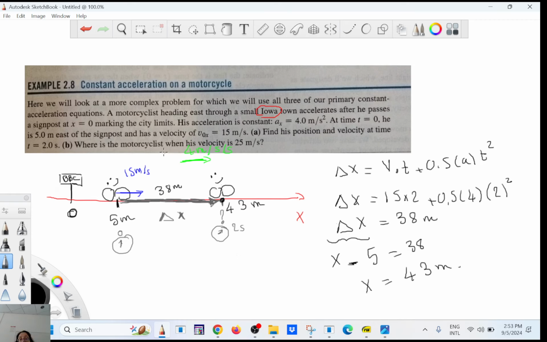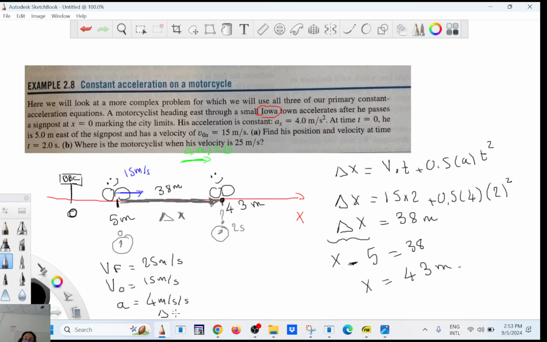Okay, so let's answer question B. So now, where is the motorcyclist when the final speed is 25 meters per second? Okay, so now we know the final velocity is 25. The initial velocity is still 15. The acceleration is 4.